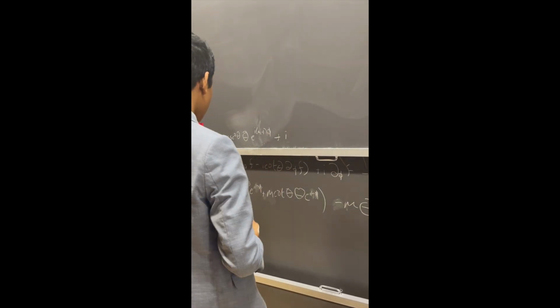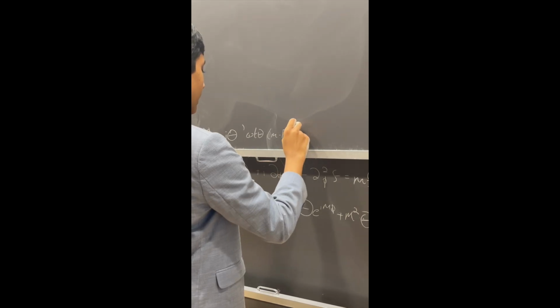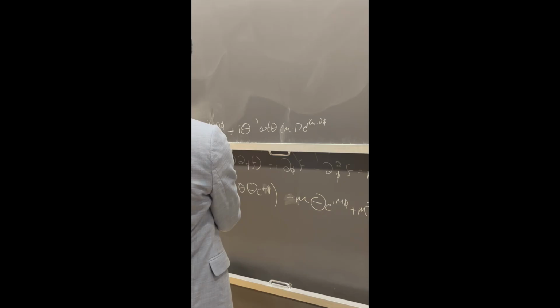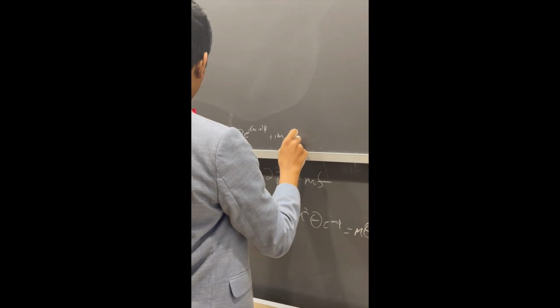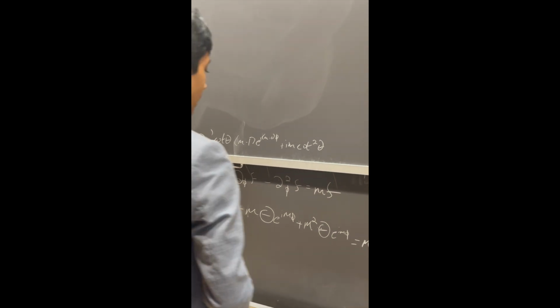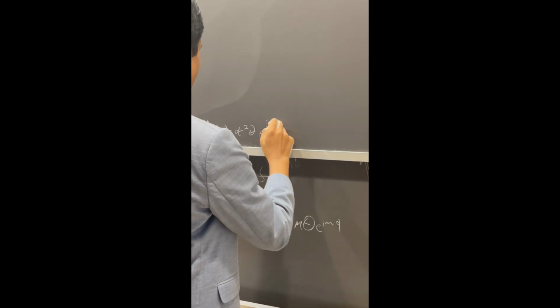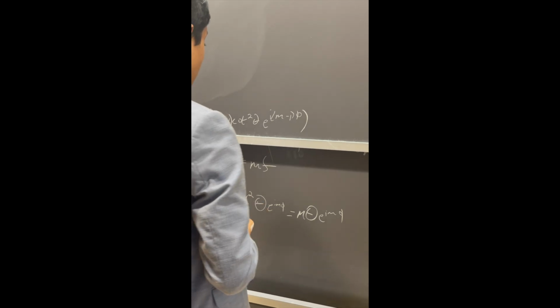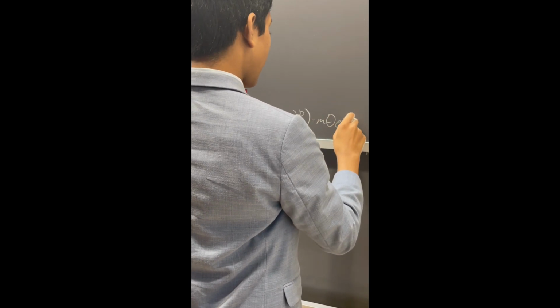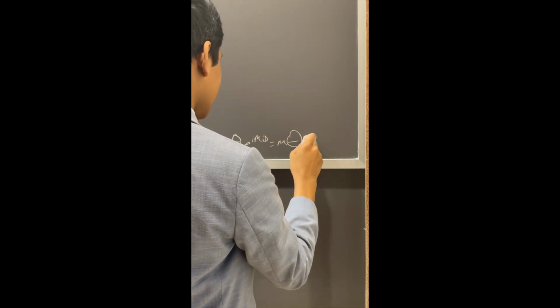So we get plus i multiplied by theta prime cotan theta e to the, well, this comes down and becomes m minus 1 e to the i m minus 1 phi, and then plus i m cotan squared theta partial phi e to the i m minus 1, which makes this minus m times m minus 1 cotan squared theta e to the i m minus 1 phi, minus m theta e to the i m phi plus m squared theta e to the i m phi is equal to m theta e to the i m phi.